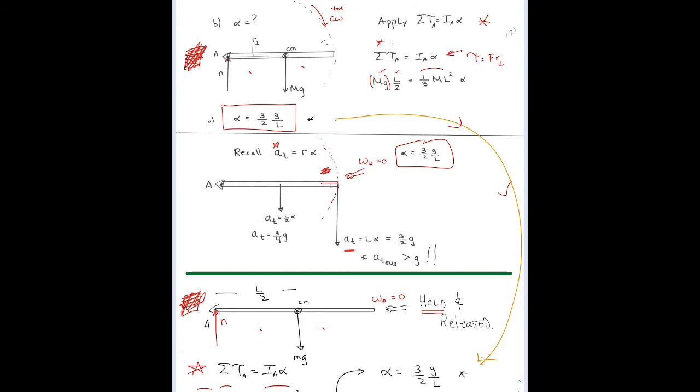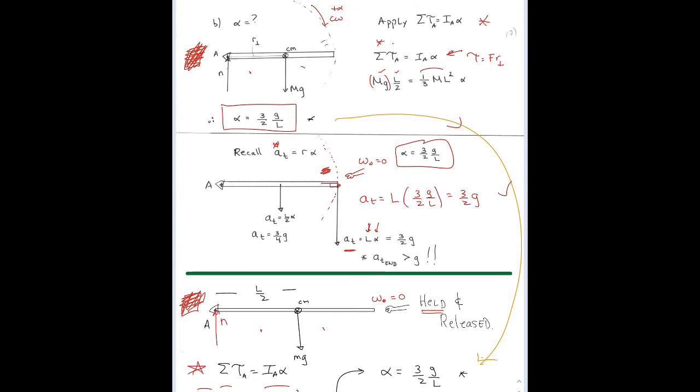So the tangential acceleration of the end of the stick is r alpha, where r is the length of the stick L. So a tangential is r, the length of the stick, times alpha. The L's cancel and I get 3/2 g. So that says that the tangential acceleration of the end of the stick is 50% more than g.